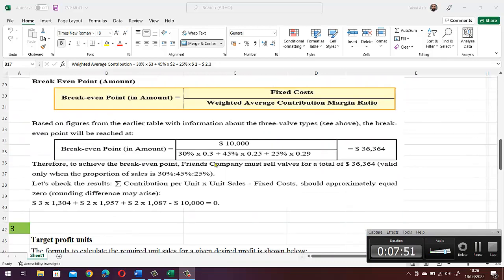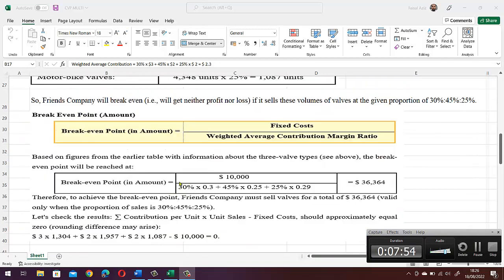So the given contribution margin multiplied by the given weightages. In the denominator we will divide the fixed cost by the weighted average contribution margin ratio. This will give us the result $36,364.